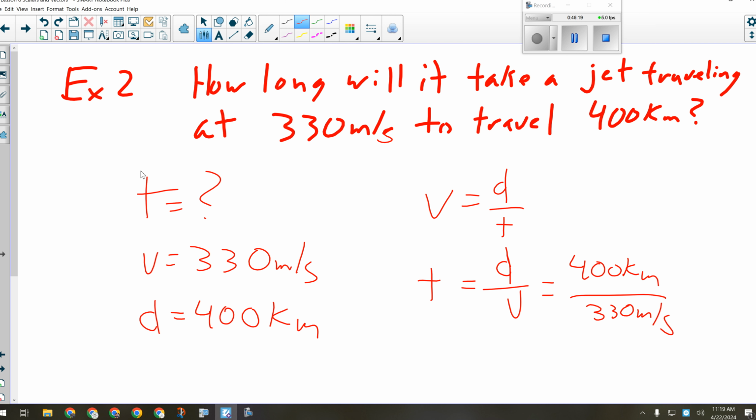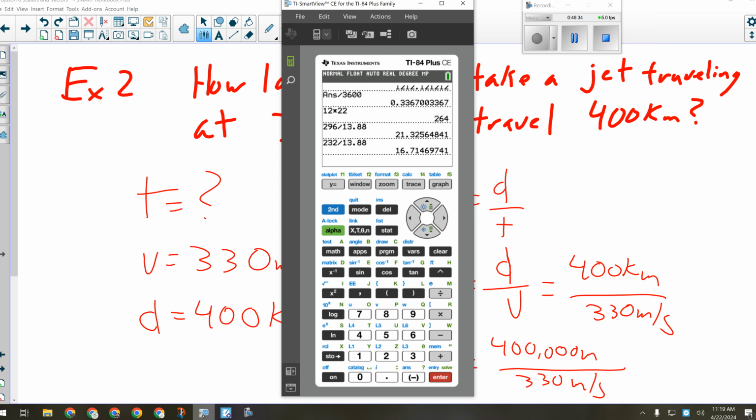So in the end, what I have here is 400,000 meters divided by 330 meters per second. All right, so 400,000 divided by 330.